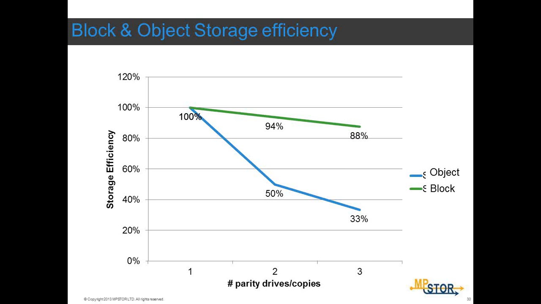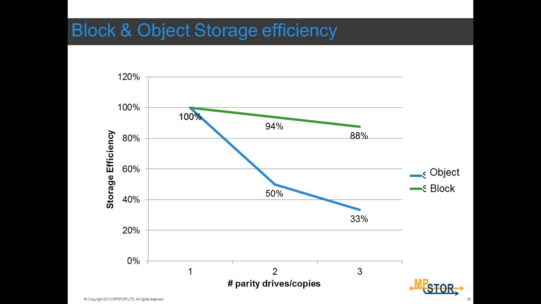Whereas using an erasure code of 1, 2, or 3 will give you similar, not exactly the same, but still a very high level of redundancy and resiliency in your system while still achieving a very high storage efficiency. So block and object storage efficiencies are different even with similar redundancy in the system.